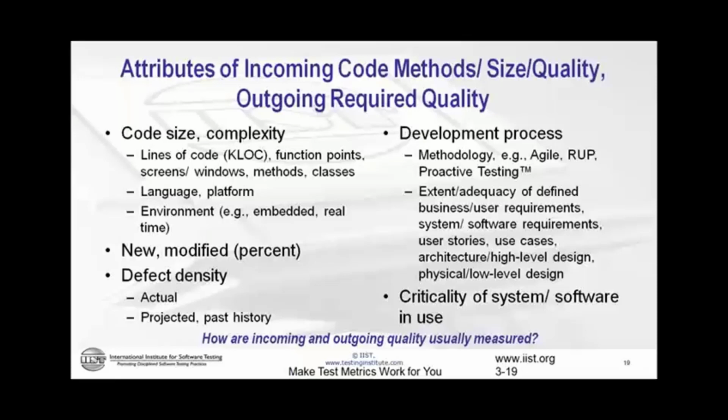In other words, the things that are contributing to the developer's ability to do a quality coding job. And how are you measuring outgoing quality? Not just defects, but can we categorize them in ways that are meaningful?